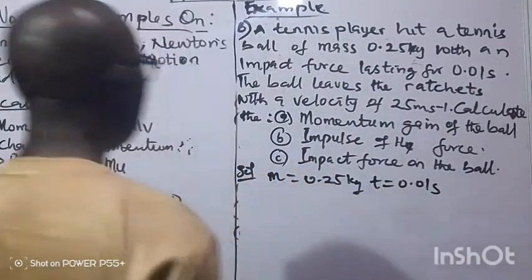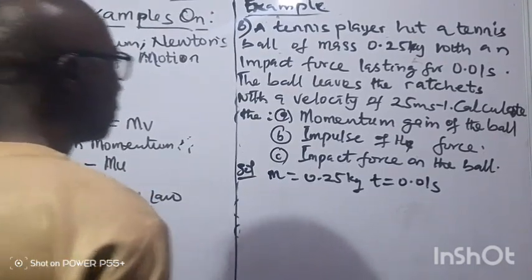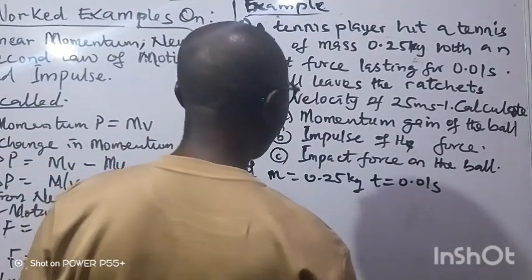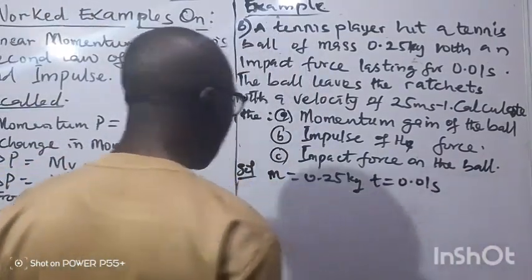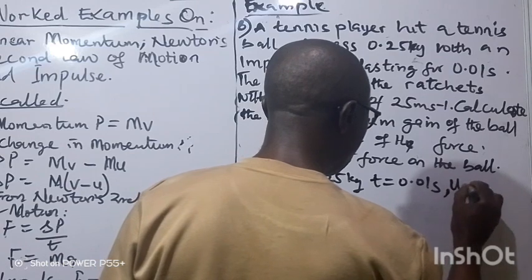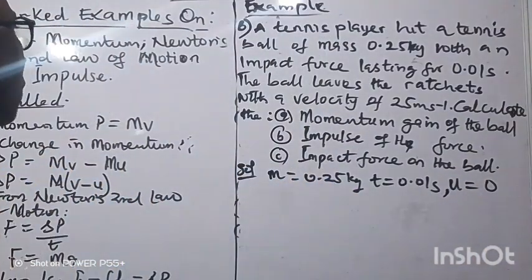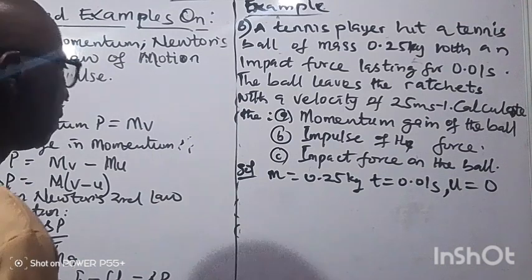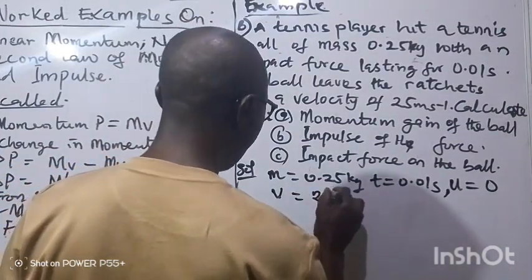Then the ball leaves the racket with a velocity, that is the final velocity. It means this tennis ball is initially at rest. If it is initially at rest, then the initial velocity u will be equal to 0 meters per second. Then the final velocity V is 25 meters per second.